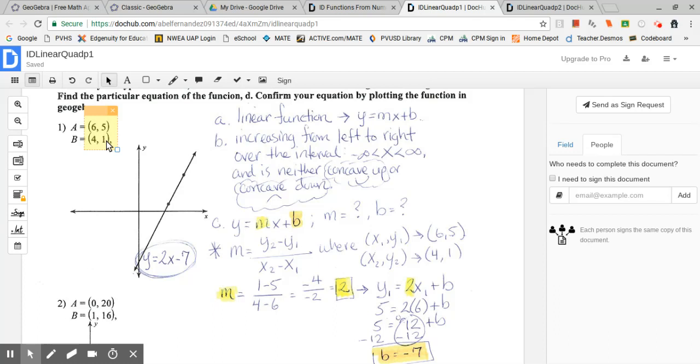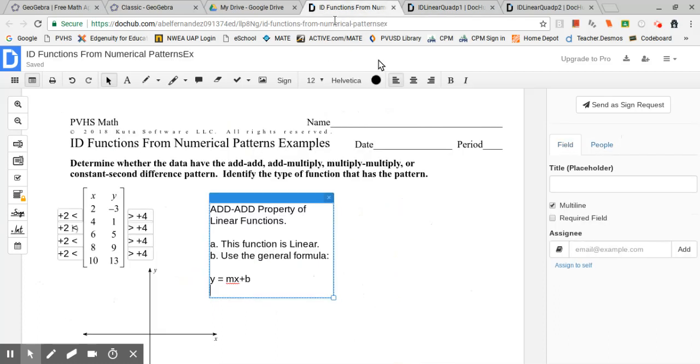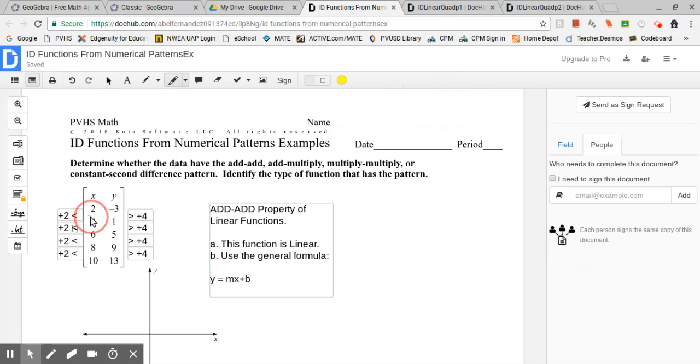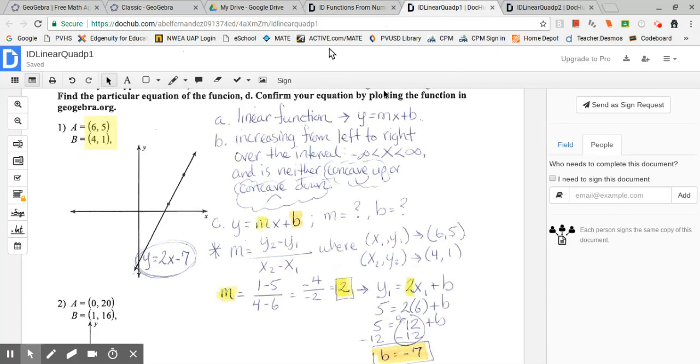Let's highlight 4, 1, and 6, 5. So this is actually the same data set. However, here we only need 2 points because we have 2 unknowns. So we need 2 equations, or we need a slope formula to create the particular equation.